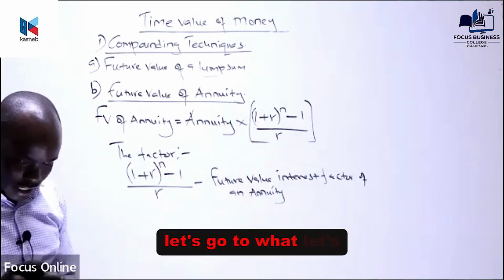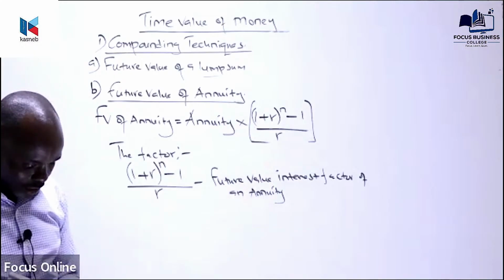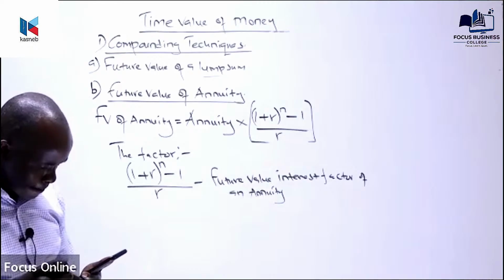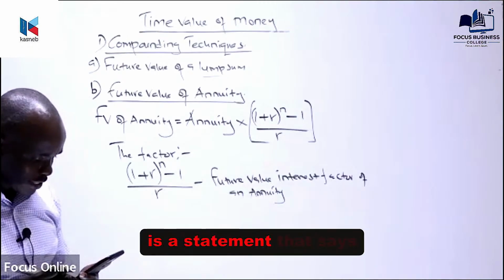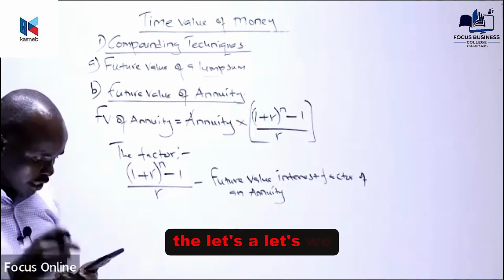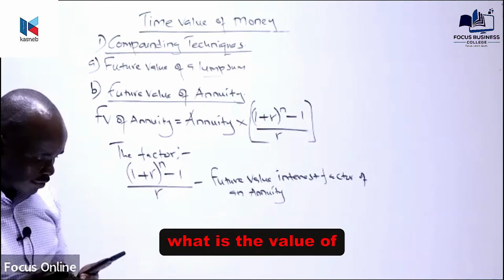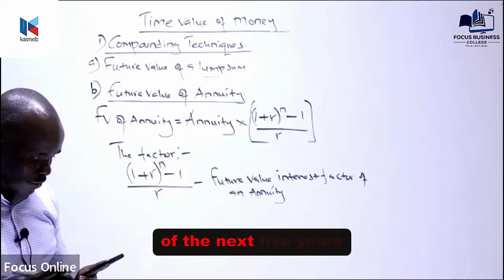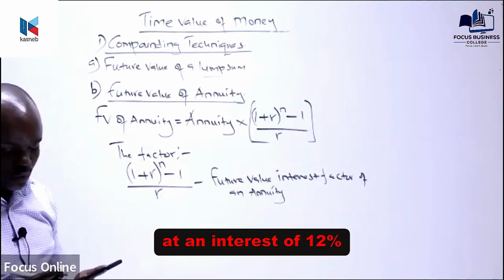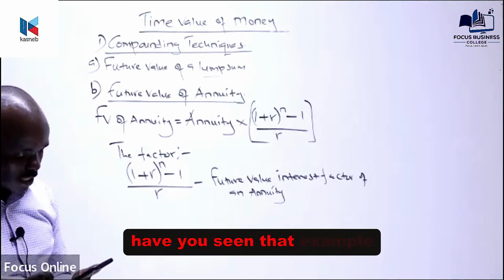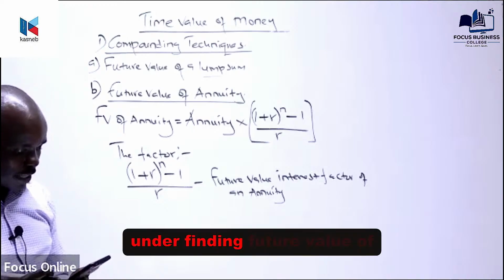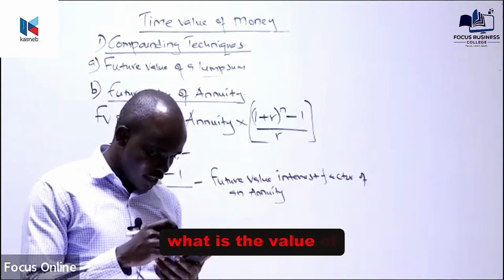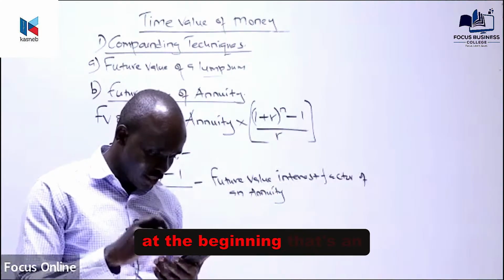Let's have an illustration. Do we have an illustration there? From the above example, there is a statement. What is the value of shillings 100,000 investment annually at the beginning of each of the next 5 years at an interest of 12%? Oh, that's an annuity due.